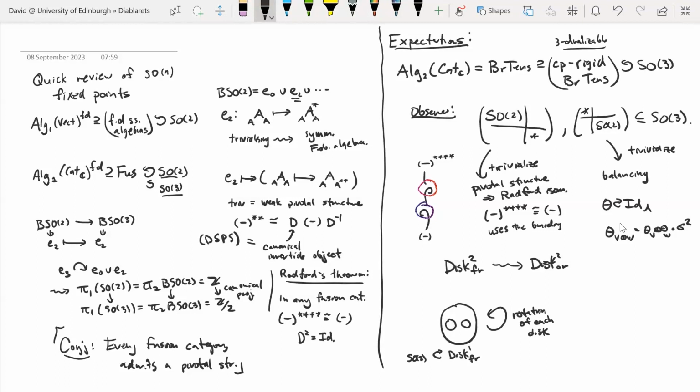And of course, if I rotate that disk by 2 pi, what's going to happen is that, first of all, the 2 individual disks are going to do a full rotation, so do that twice.